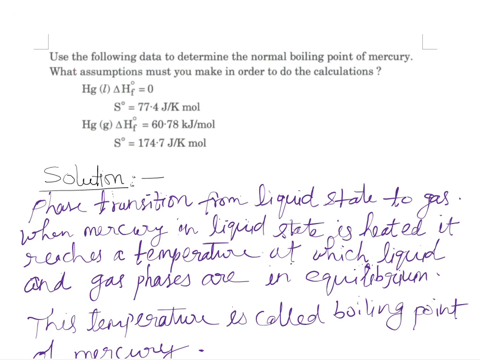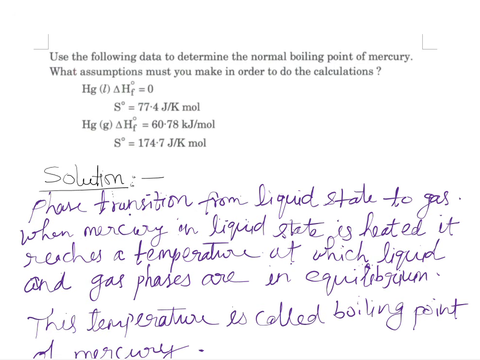When it changes its phase from liquid state to the vapor state, on raising the temperature it reaches a temperature when there is an equilibrium between the liquid state and the vapor state. That is, the amount of mercury changing from liquid state to gaseous state is the same as the amount changing from gaseous state to the liquid state.